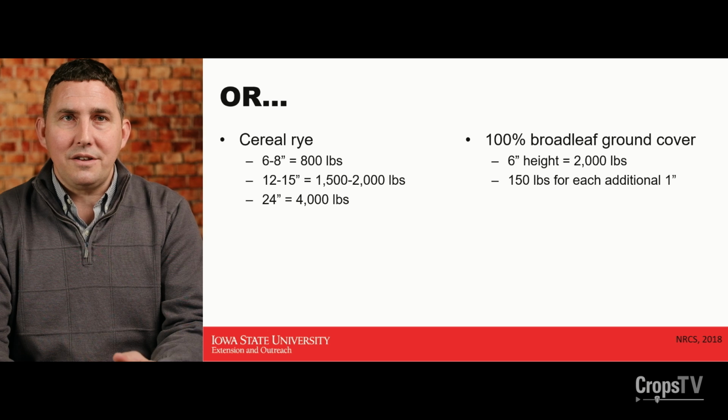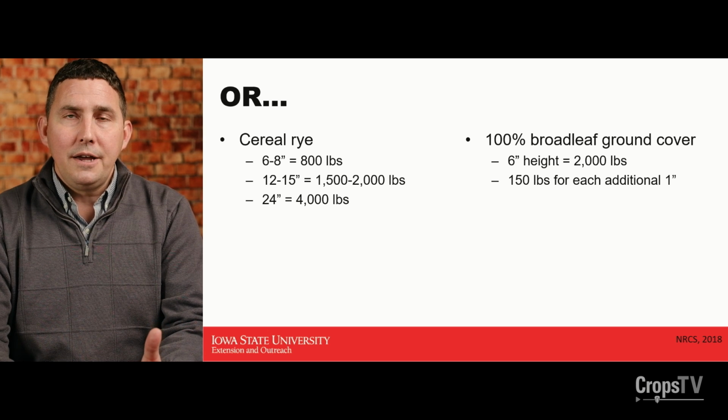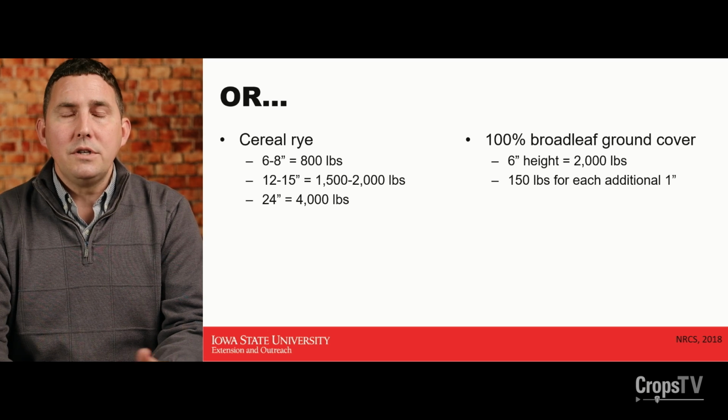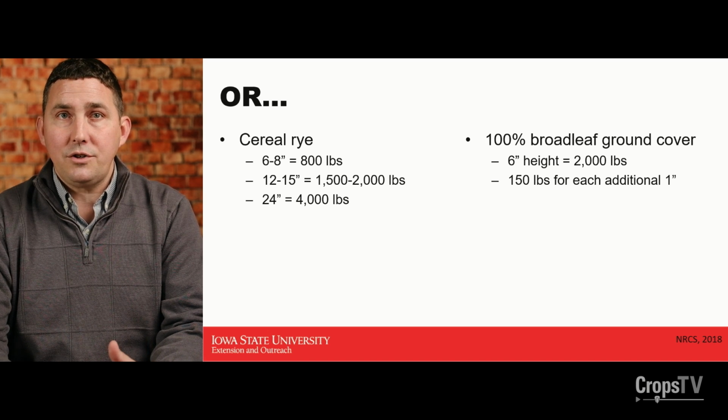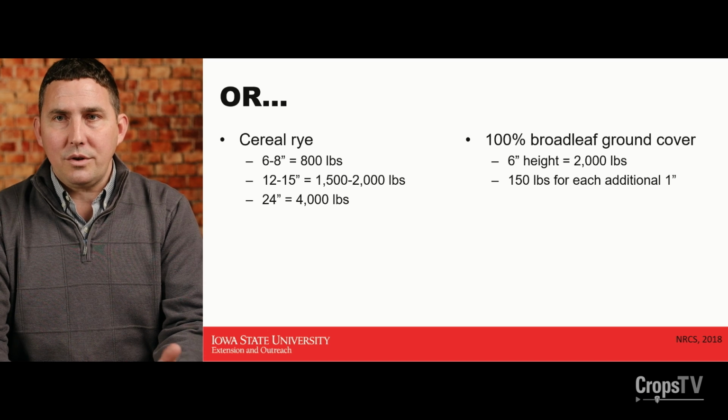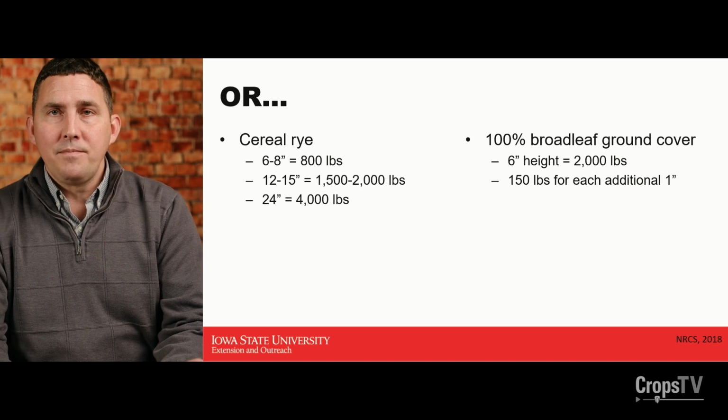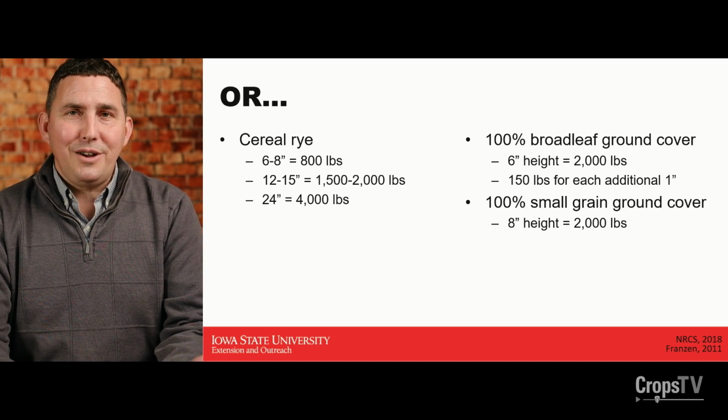Before I get to the cereal rye part of it, this is out of North Dakota State University, where they were estimating, when you have 100% broadleaf ground cover, so that'd be your brassicas or your legumes, 6 inches of height is about 2,000 pounds, and then 150 pounds for each additional inch. I wanted to show North Dakota State's because, one, they have broadleaves, but they also have a different estimate of what that small grain ground cover is going to look like.